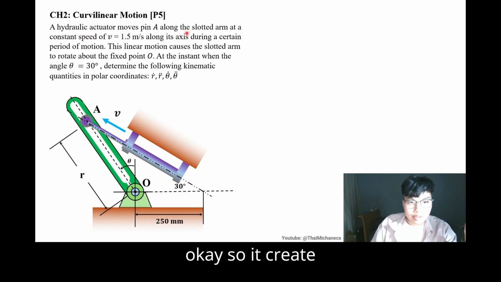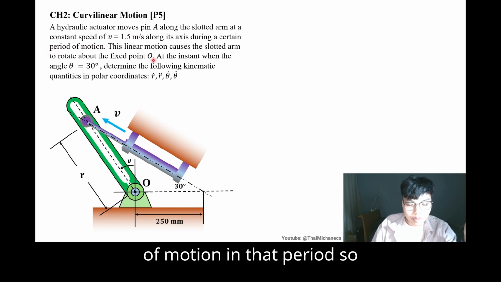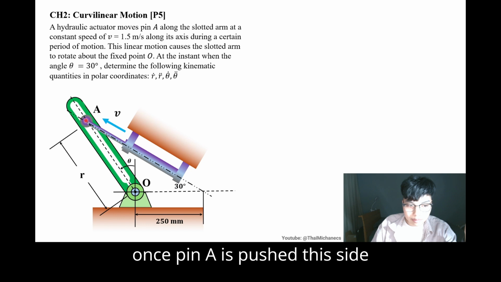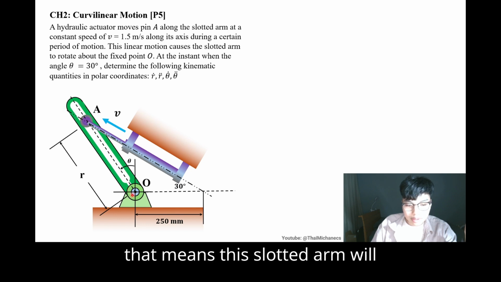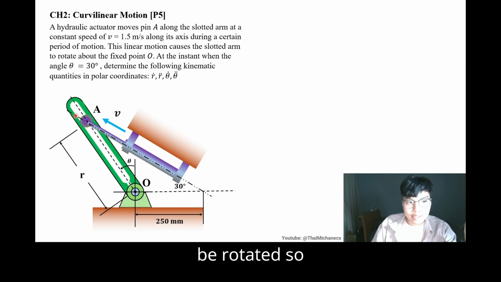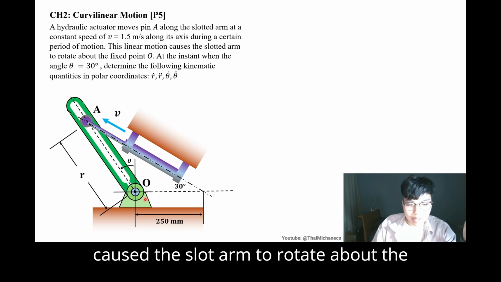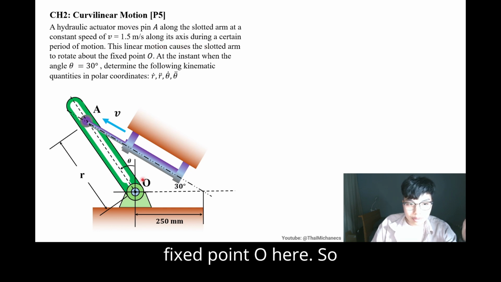So it creates the rotation of motion in that period. This is the axis of rotation O. Once the pin A is pushed this side, that means this slotted arm will be rotated. So like mentioned, this linear motion causes the slot arm to rotate about the fixed point O here.